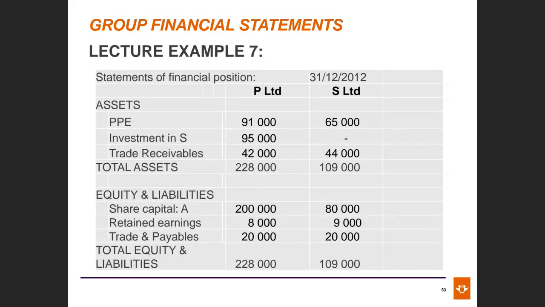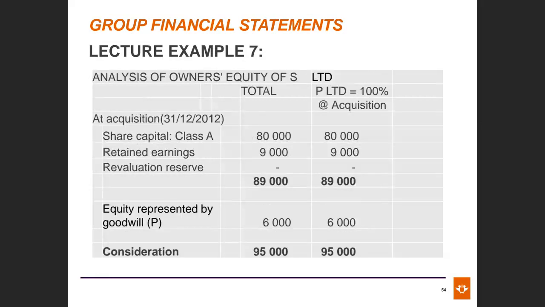So when we consider whether there is goodwill or gain from bargain purchase, we'll see that the consideration paid was 95,000 Rand, and we are paying for the net assets of 89,000 Rand. So therefore, we have goodwill of 6,000 Rand in this situation here.